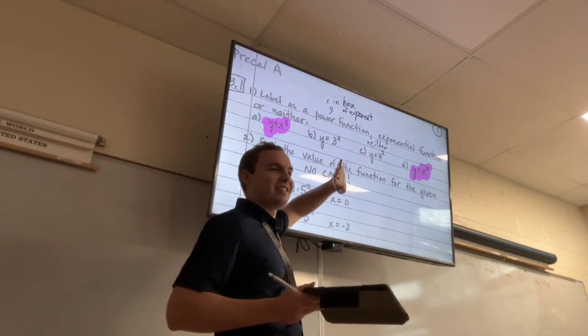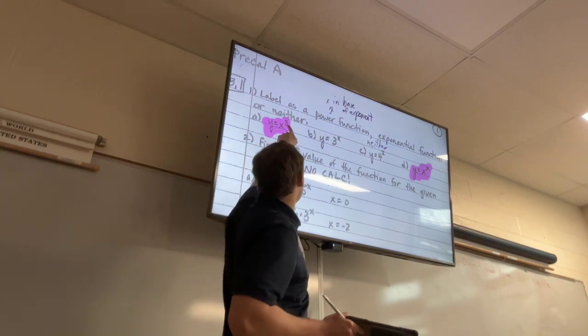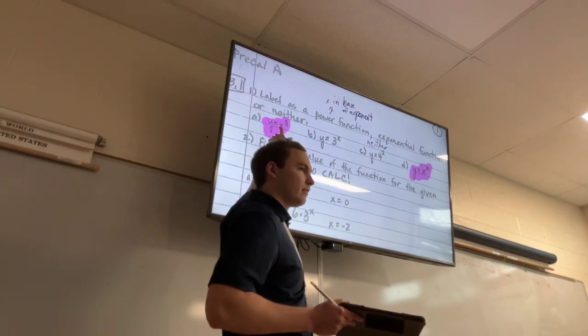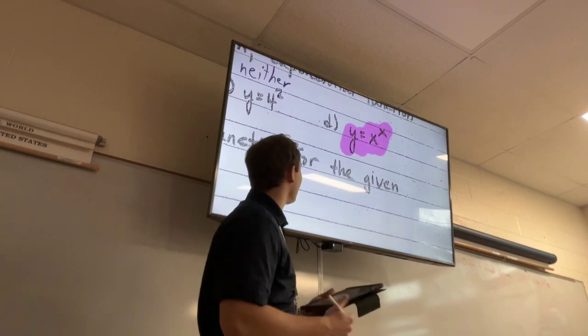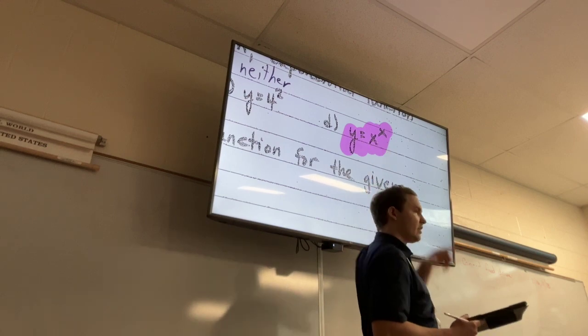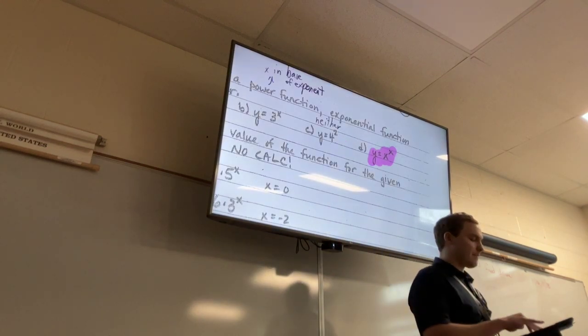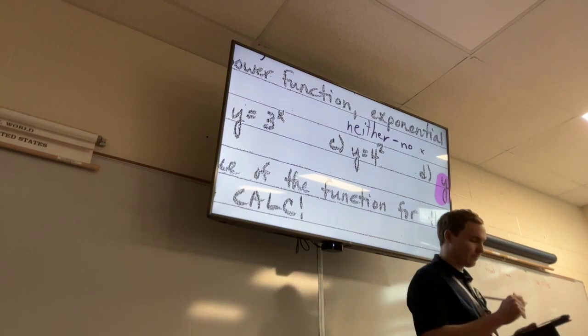So x to the 8, the exponent is 8, the base is x. Right here, there's an exponent, x to the x. x is in the base, so that's a power function. And then this is a neither because there's no x at all.